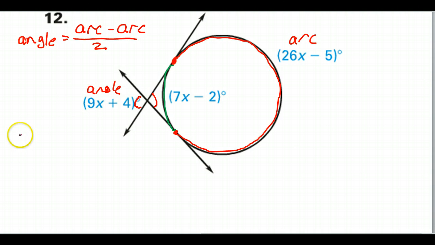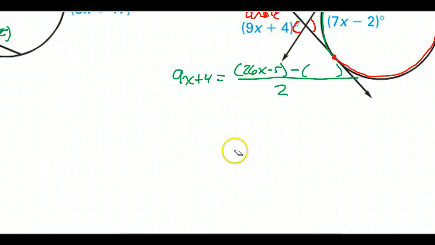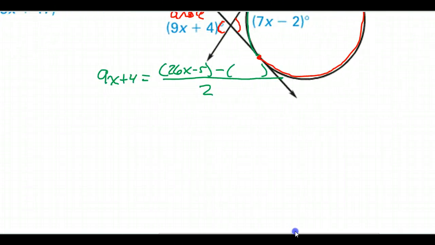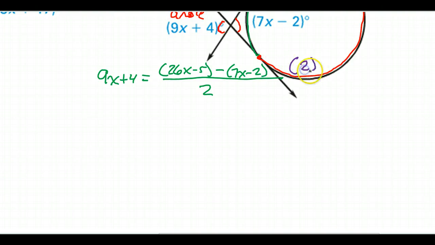So here we go. I'm going to need a lot of space for this. So it's going to be like this. The angle, that's 9x plus 4, is equal to, all right, now I need arc minus arc. The big arc first, so that's going to be 26x minus 5 minus 7x, wait, you're about to make me mess up again, minus 7x minus 2. Kabam. So if I want to deal with the fact that this is a fraction, I need to multiply both sides by 2 like this.